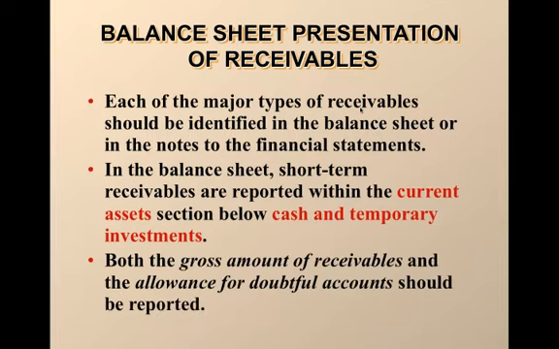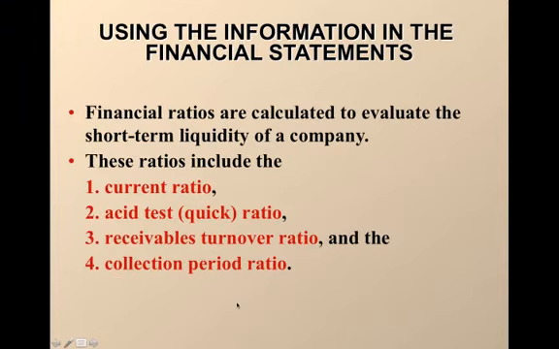Both the gross amount of the receivables and the allowance for doubtful accounts should be reported, which ultimately leaves your net realizable value. Remember that? Because the amount of your receivables minus the allowance for doubtful accounts equals this. And we've seen this before already.